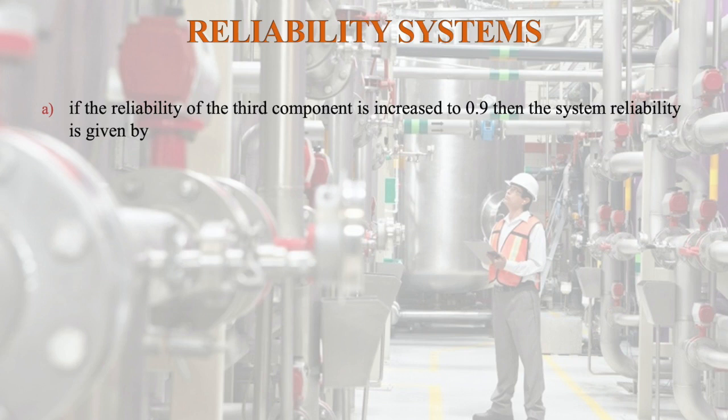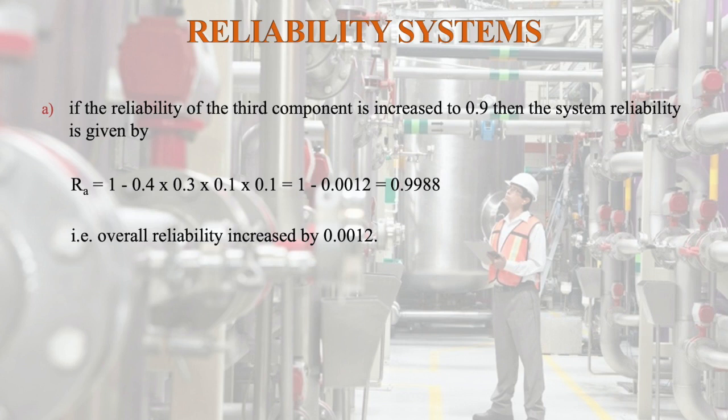If the reliability of the third component is increased to 0.9, then the system reliability is given by Rs is equal to 1 minus 0.4 into 0.3 into 0.1 into 0.1, that is equal to 1 minus 0.0012, that is equal to 0.9988. So the overall reliability increased by 0.0012. So the overall reliability has been increased.